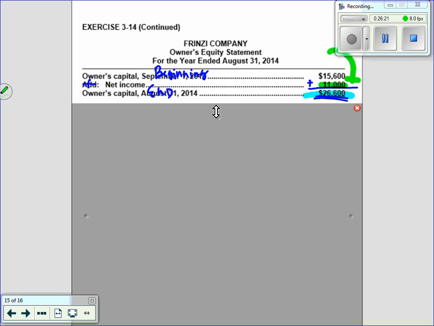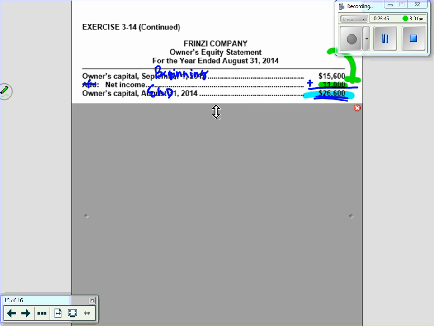I would say there is one thing we add, there's one thing we subtract, and then there's one thing we could potentially add, one thing we could potentially subtract. Had the owner invested more money in the business, that would have been a plus investment. Had the owner had drawings, it would have been a minus drawings. Is this starting to come back to you?